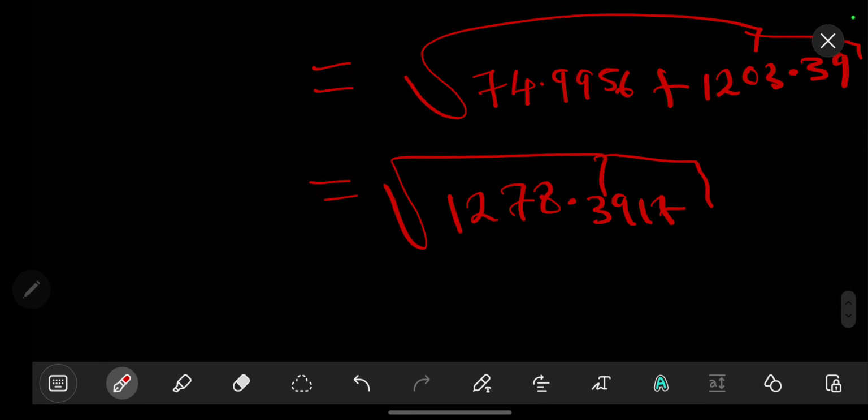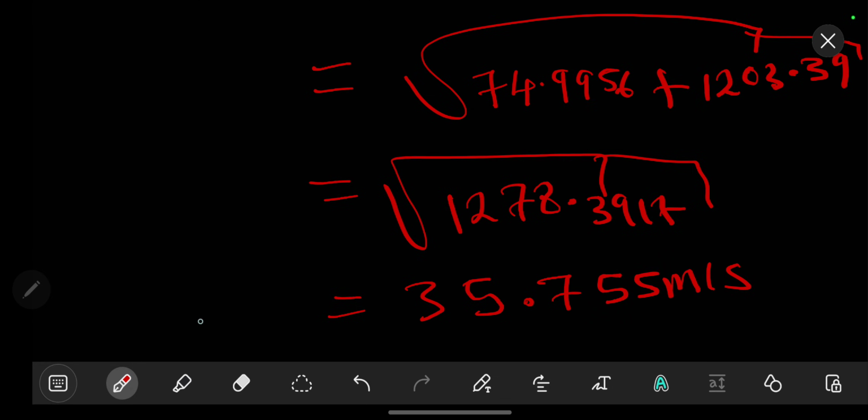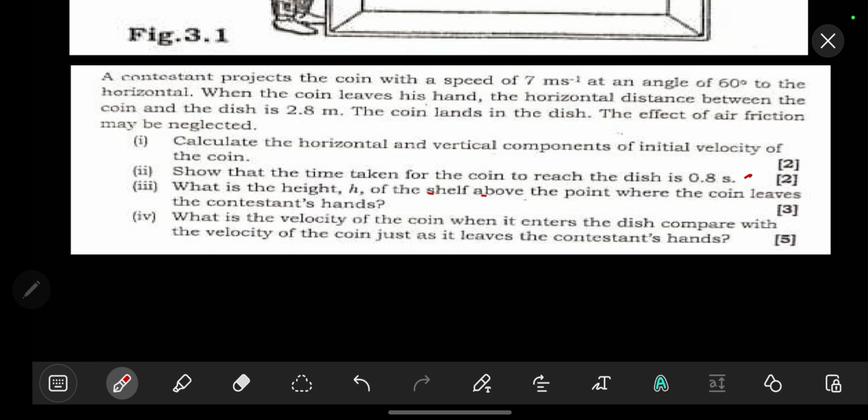So the square root of this value is found to be 35.755 meters per second. So this is the velocity with which it struck the water.